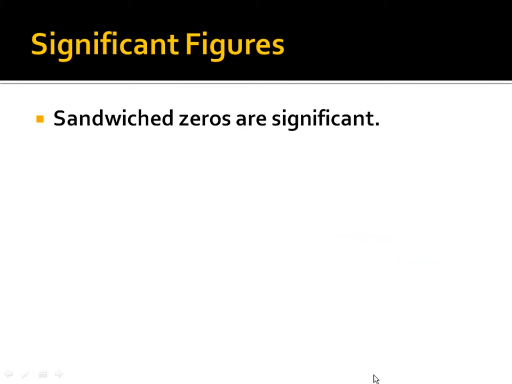Since all non-zero digits are significant, we want to look at zeros because that is what we are going to be concerned with, of whether or not it is a significant zero or if it's not significant.